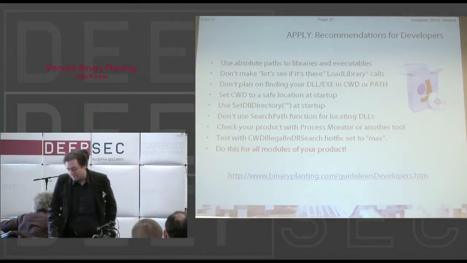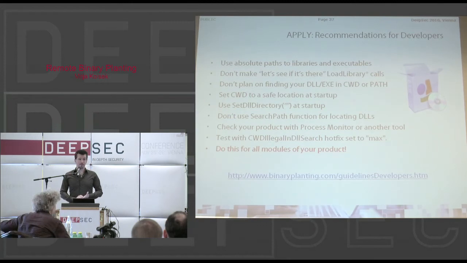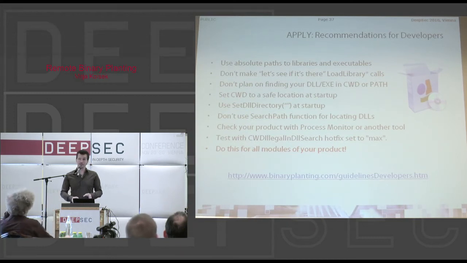You definitely should try to use absolute paths whenever you're loading libraries or launching executables. If you don't know where your DLLs and executables are, you don't know what you're doing. Seriously, you have to know what you're about to load. It doesn't just have to pass the QA tests. It will work if you do it like this, but if the DLLs aren't there, it will break.